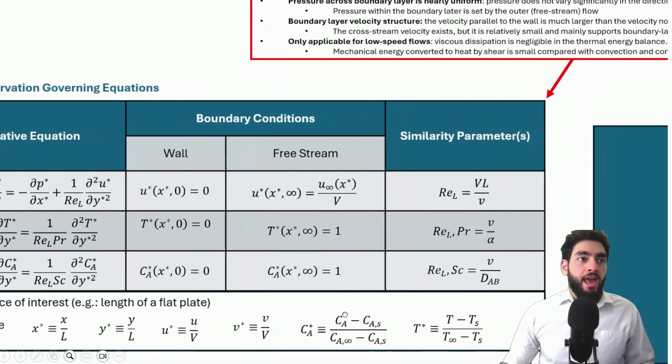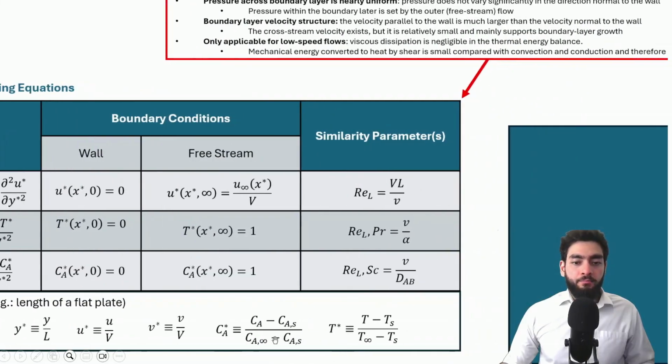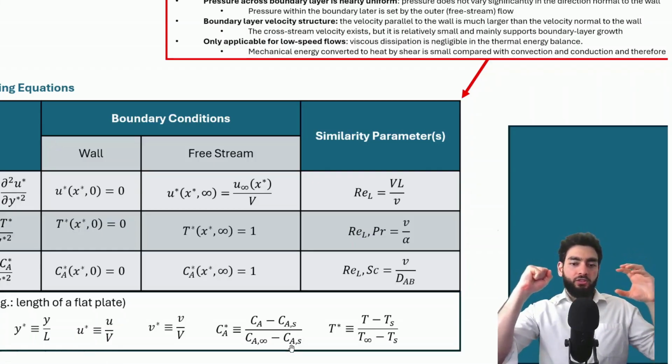And so for it to be non-dimensional, we divided that velocity by the same reference of the upstream velocity. And when we look at concentration and temperature, we define them as the concentration at the point of interest, minus the concentration at the surface, over the difference between the bulk concentration and the surface concentration.